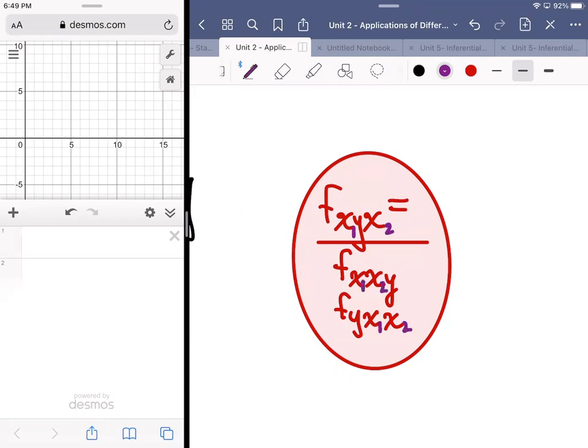But then we could also say that we can swap this x with this one, giving you f sub x2, y, x1, but that contextually doesn't make sense. We wouldn't take a second x derivative before we take the first x derivative, right?